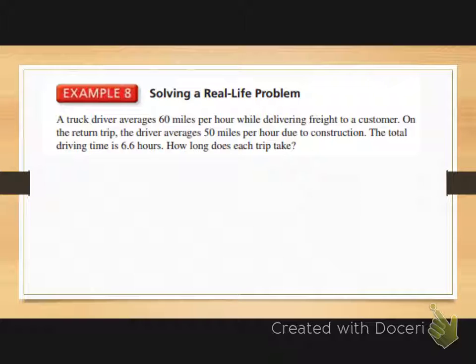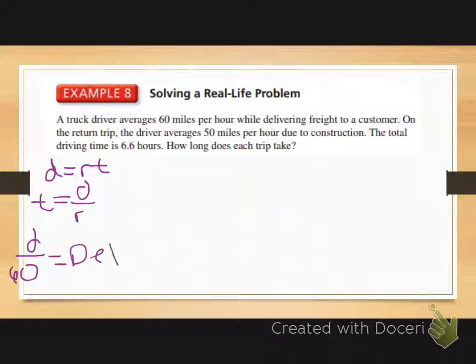So, to figure this out, step one is we're going to rewrite the distance formula to write expressions that represent the two trip times, solving the formula D equals RT for T. So time is distance divided by rate. So we know that D divided by 60 represents the delivery time, and D divided by 50 represents the return trip.